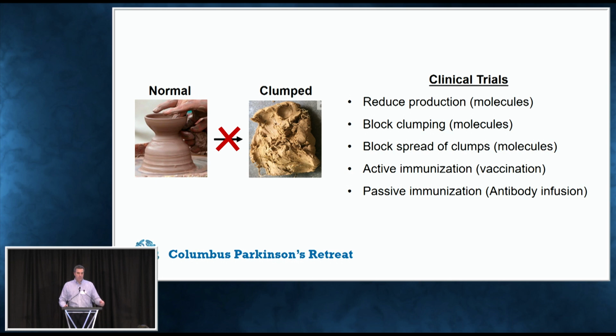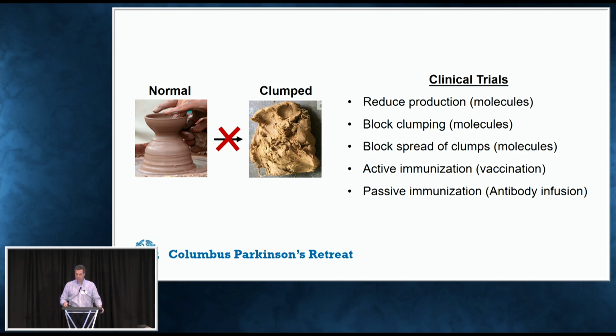A little bit more along the line in the pathway, active immunization, so vaccinations. There are scientists who are actually giving vaccinations, like we got for COVID, like we get for flu, to put abnormally folded alpha-synuclein in, or at least parts of it. Our immune system then generates antibodies against it to try to eradicate it.